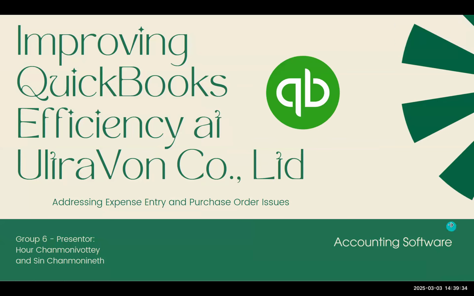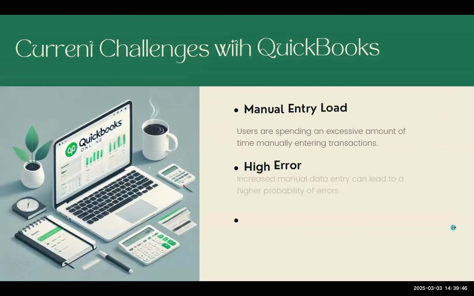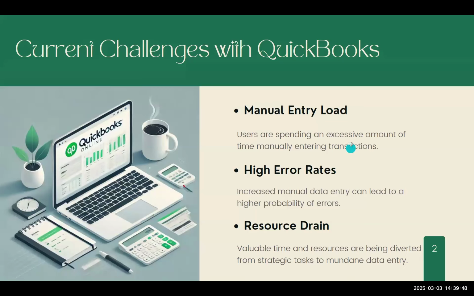So good afternoon, Professor. Today we're going to discuss some of the key financial management challenges faced by Ultra One Co. Ltd while using QuickBooks and explore strategic solutions to improve efficiency. One of the main challenges the company encounters is manual entry load, which indicates that users are spending an excessive amount of time manually entering transactions.